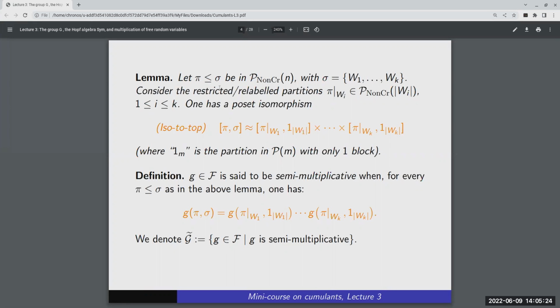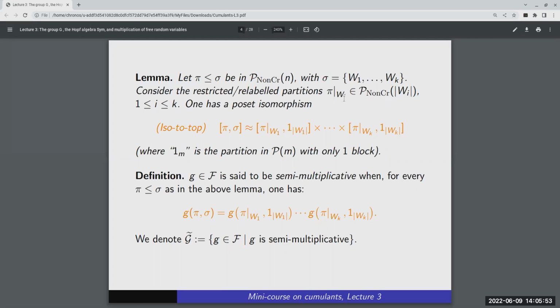Let sigma, the bigger partition, be written explicitly as W1 to WK, so it has K blocks. For each block WI, you see how it is broken into pieces by pi, because pi is obtained out of sigma by breaking the blocks of sigma into pieces in a non-crossing way.